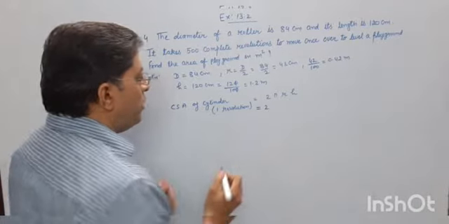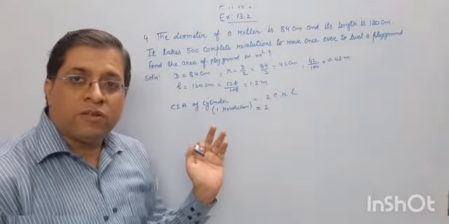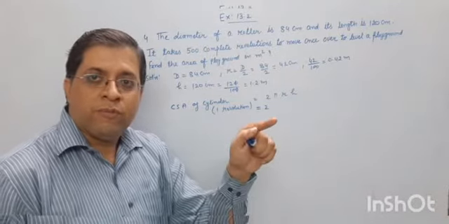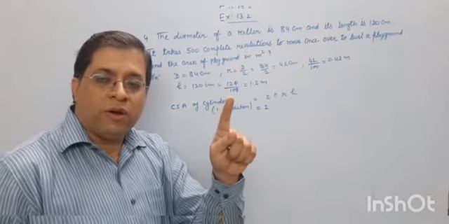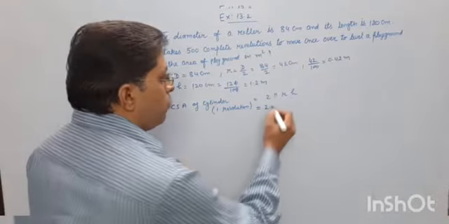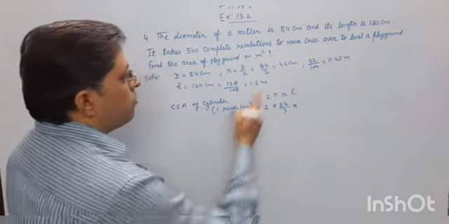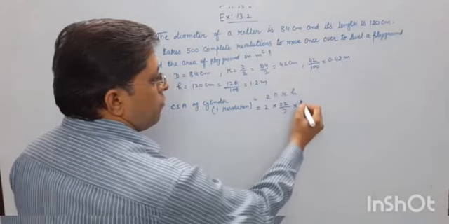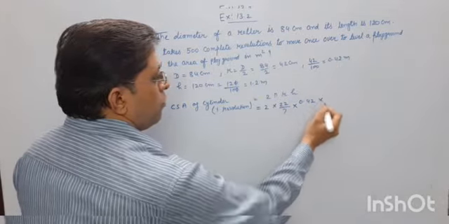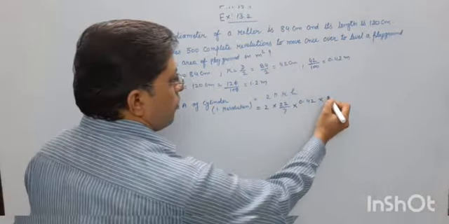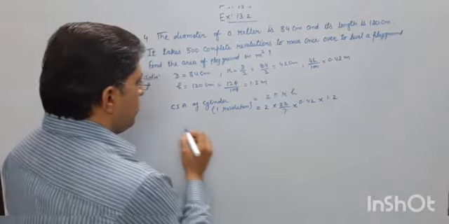What is the CSA of the cylinder? CSA of cylinder means 2 pi RH, and CSA means 1 revolution. 2 pi R is 0.42, H is 1.2.